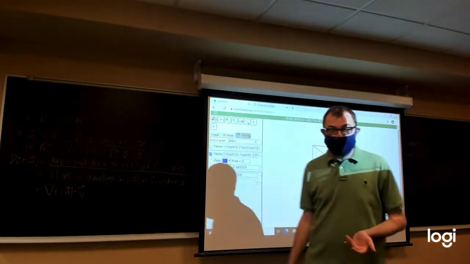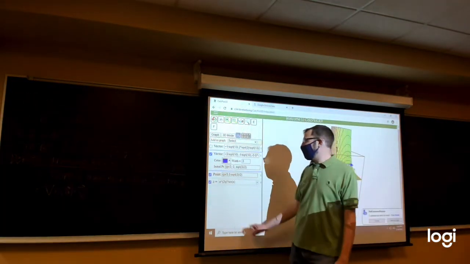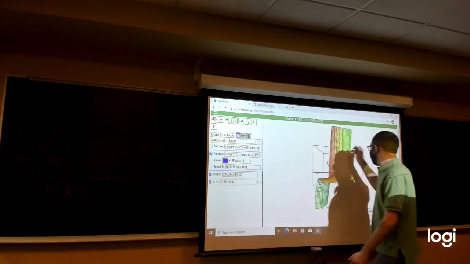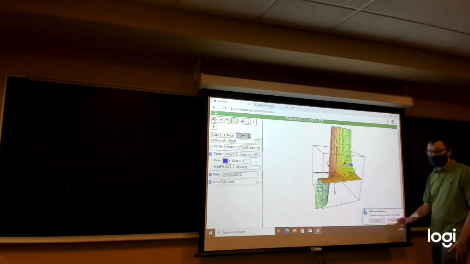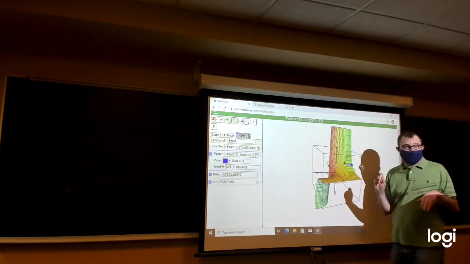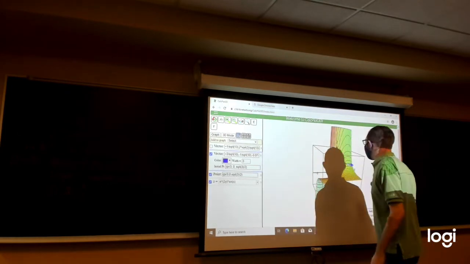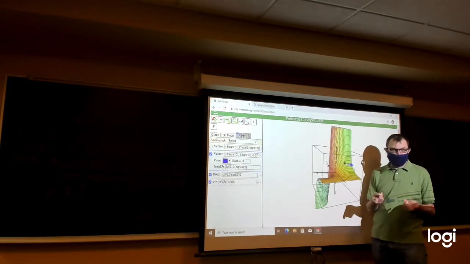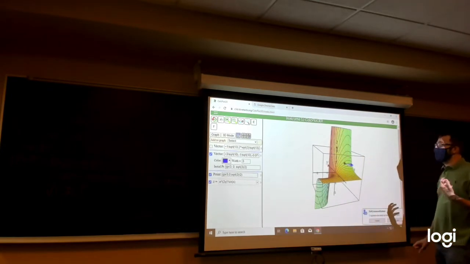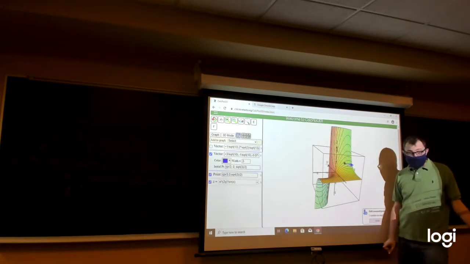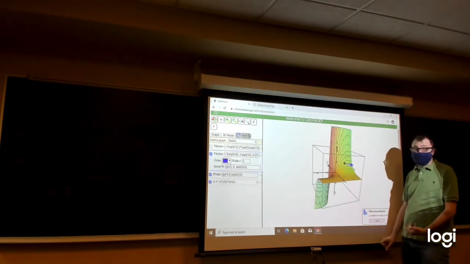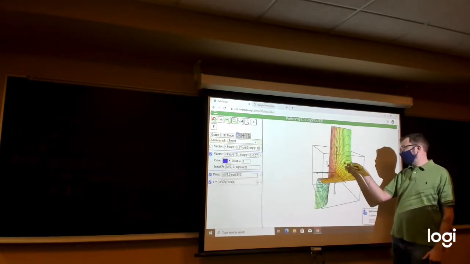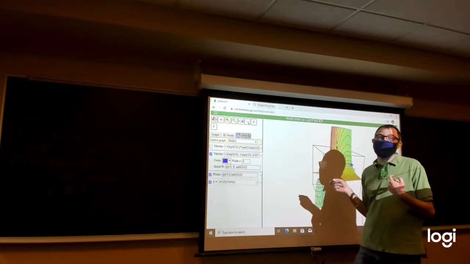For instance, this is the example we were looking at last Wednesday, where our function is f of x comma y equals e to the 2y times sine of x. So we have this function from R2 to R. This black dot is going to represent our point A, and V is going to be this blue vector here, which we're going to treat as a displacement vector that starts at A. In this scenario, the directional derivative of this function at A in the direction of V is, if you're standing at this point on the surface and you're walking in the direction of this blue arrow, what the slope is going to be.